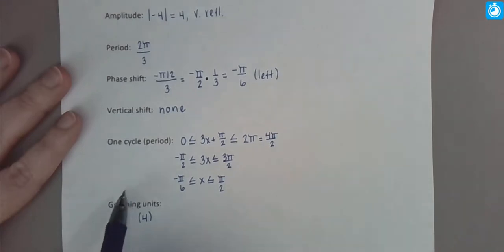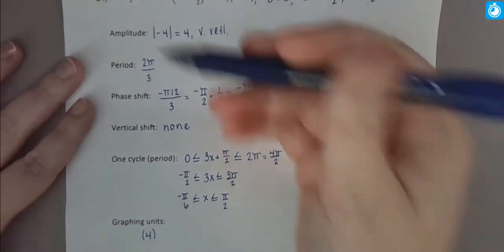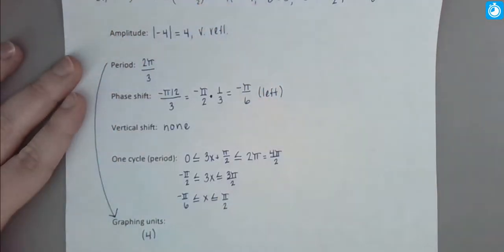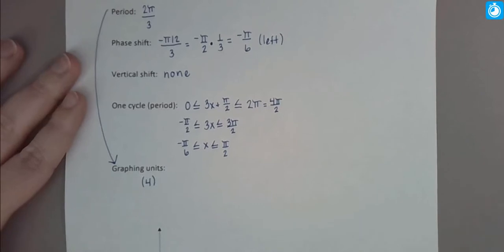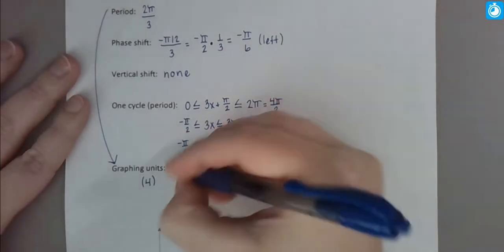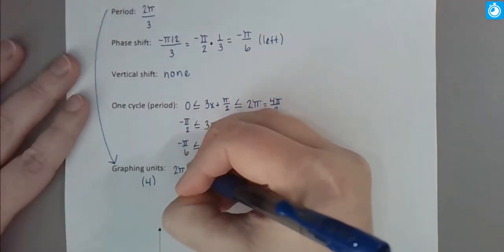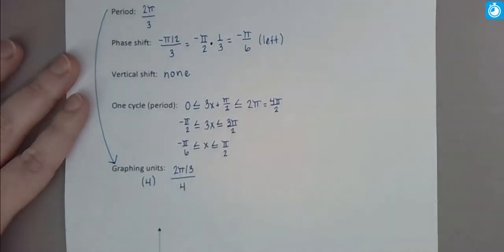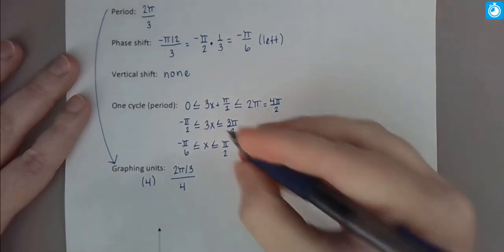So in terms of how we're dividing up our graph into key units, this is related to our period. We're taking the period, in other words, the length of the cycle, and we're dividing that length by 4. We're dividing it into 4 even parts because there's going to be 4 key locations that we see on the cosine graph.